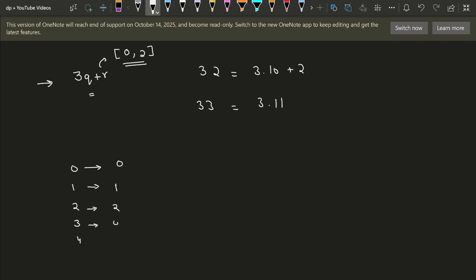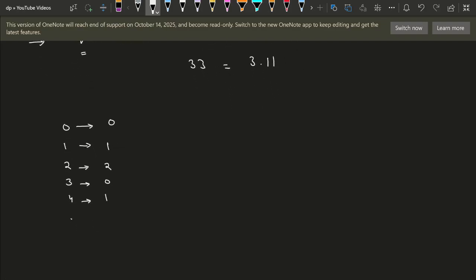Now here the remainder is 0, and now the remainder is 1. And for 5, the remainder is 2. For 6, remainder is 0. So if we observe carefully, we see that the remainders are repeating, and there is a pattern here.